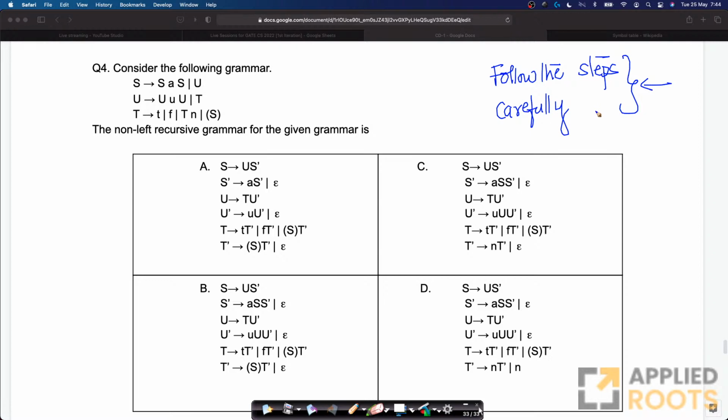Good, very good. Again, this is an easy question, folks, typically like a 1 mark question. Very easy to score.